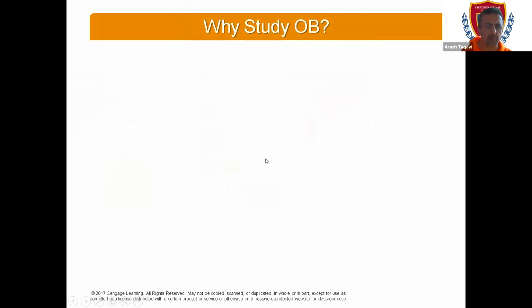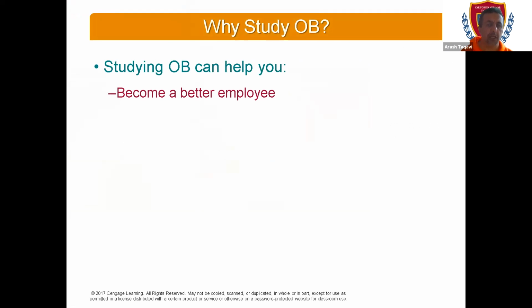Why should we study organizational behavior? Studying OB can help you, one, become a better employee. When you know about the nature of interaction between yourself and your organization, you get better understanding and a great attitude about the elements of interaction.